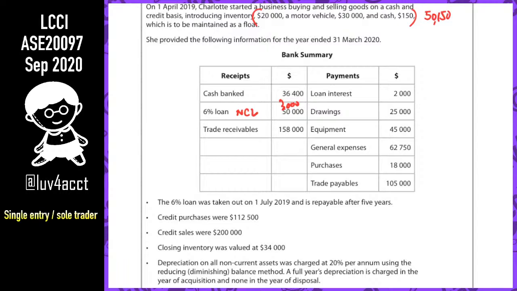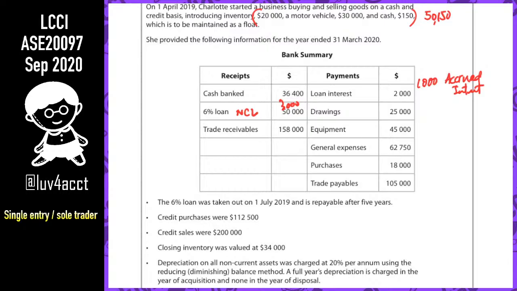Interest being 3,000, but loan interest paid only 2,000, that means we have other payables of 1,000, accrued interest. Drawings 25,000. Purchase of equipment 45,000, and then general expenses, purchases, and payment to trade payables for credit purchases.